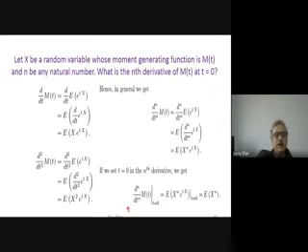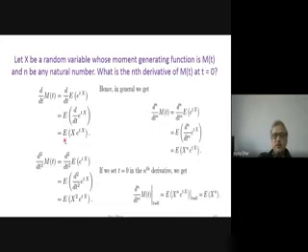So if x is a random variable whose moment generating function is M(t), and n is any natural number, what is the nth derivative of M(t) at t equal to 0? If I differentiate the moment generating function the first time, the derivative of M(t) is E of x e raised to the power tx. If I put t equal to 0 here, this becomes the expectation.